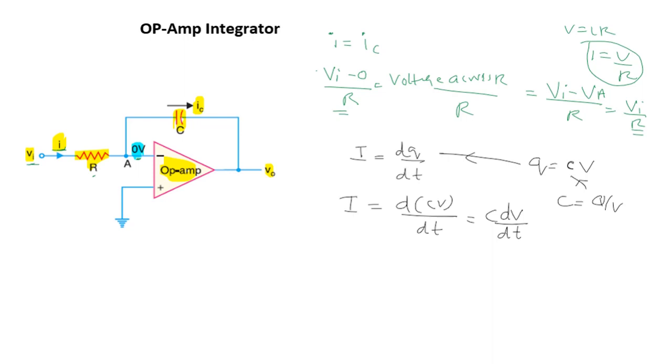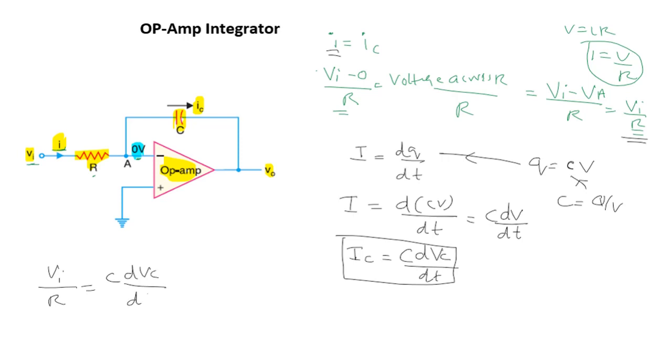Now here the notation is IC, so IC will be equal to the current through the capacitance. IC will be equal to capacitance C into voltage across capacitance by dt. So IC will be equal to C dVC by dt, and we have I is equal to Vi by R. So what we now have is Vi by R is equal to C into dVC by dt.